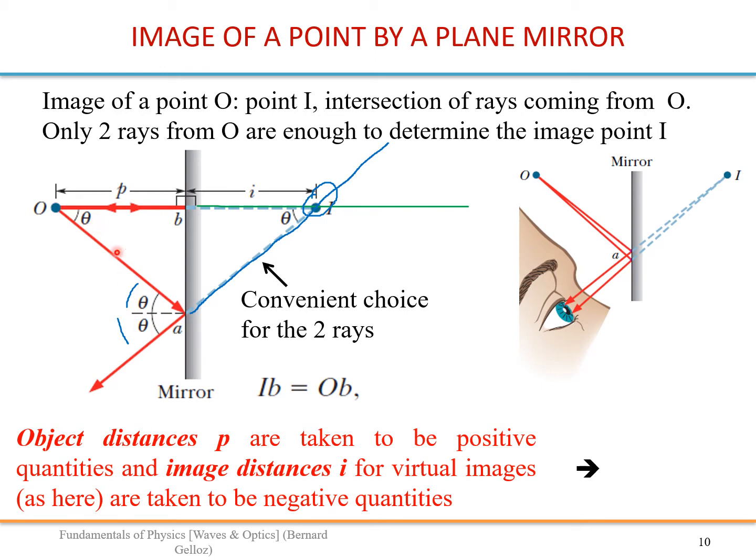So therefore this angle is also theta, this angle is also theta, because this is common to both triangles. You take for example the tangent. The tangent theta will be that divided by that equals that divided by that, therefore that equals that. Therefore this distance is the same as this distance. Alright? So IB equals OB.